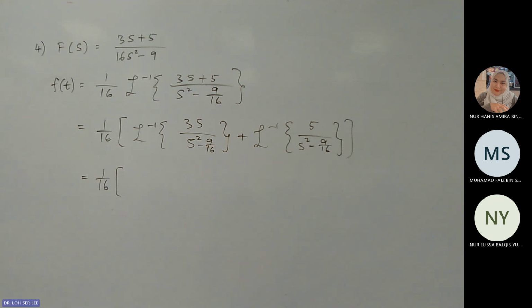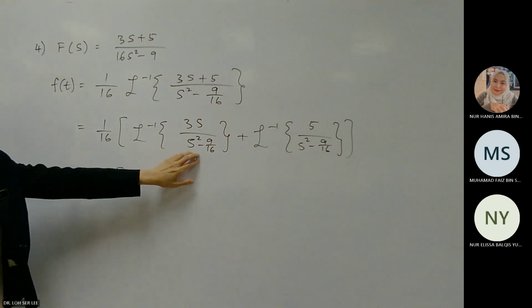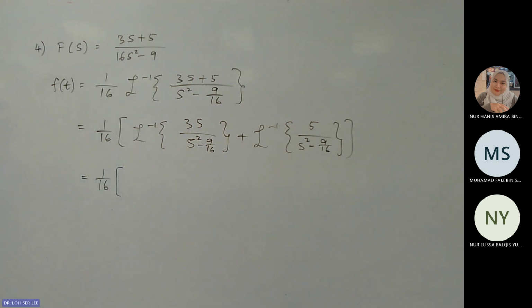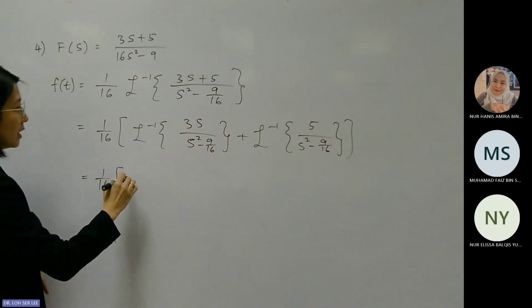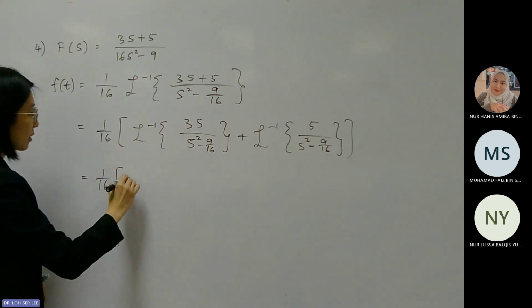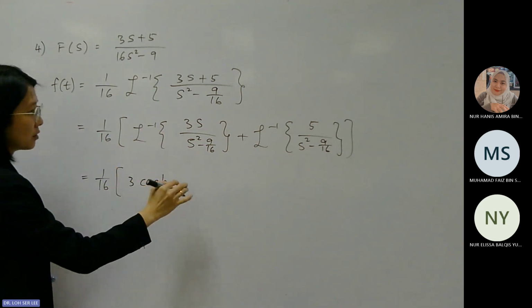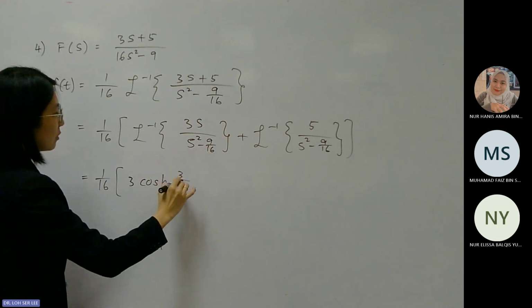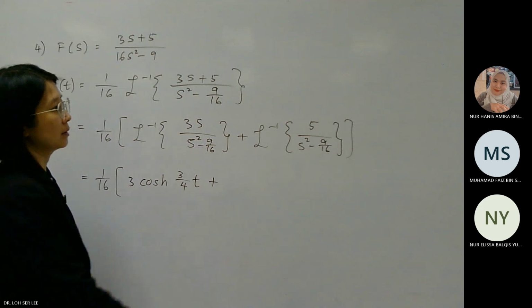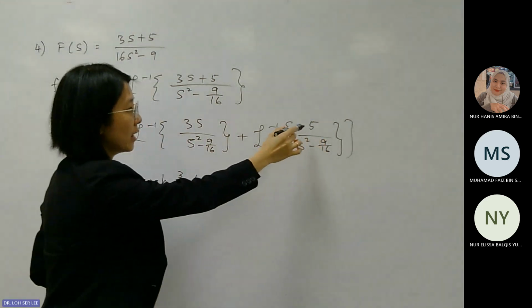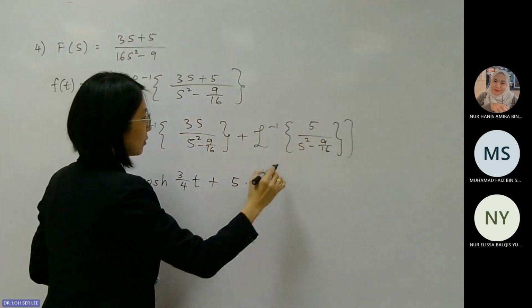Okay. So what is this? Hyper cos. So take out the 3, you have hyper cos 3/4t, plus, we need a 3/4 at the top, so take out the 5.